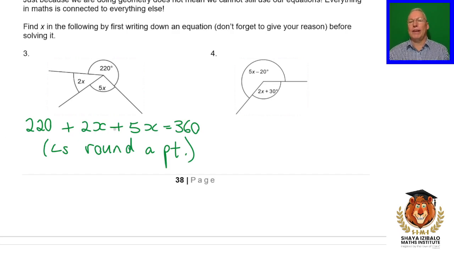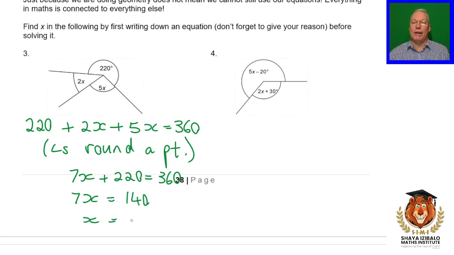Let's first just collect the like terms. So we're going to get 7x plus 220 equals 360. We're going to subtract 220 from both sides. 360 minus 220 is 140. And lastly, we're going to divide both sides by 7. 140 divided by 7 is 20. And there's our solution to that one.